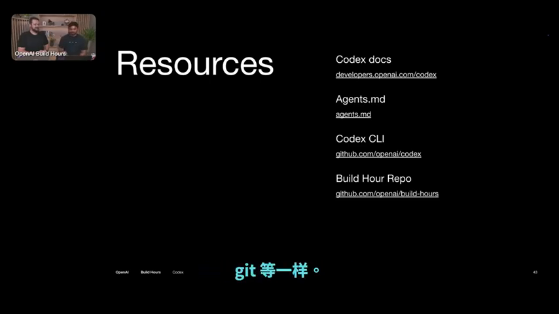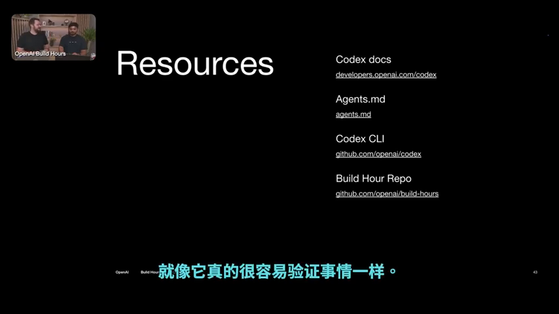You don't even have to know where it is anymore. You can just say change this thing, kick it off, and it will find the right place. And if you have a setup with PR previews where it will deploy your branch, it's really easy to verify things.